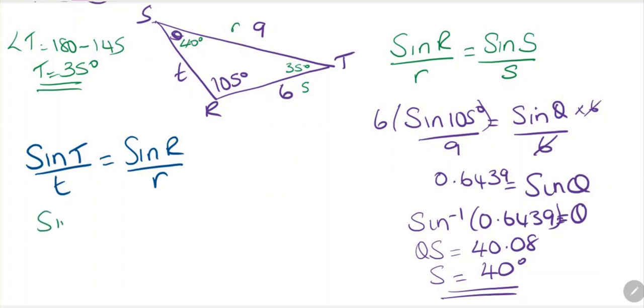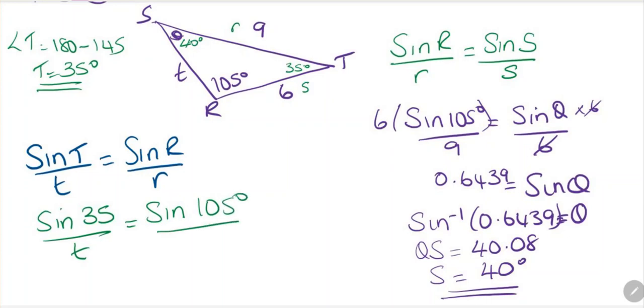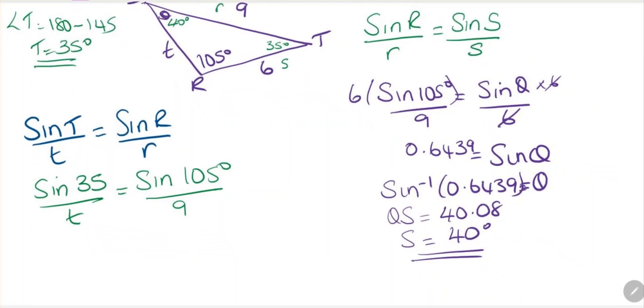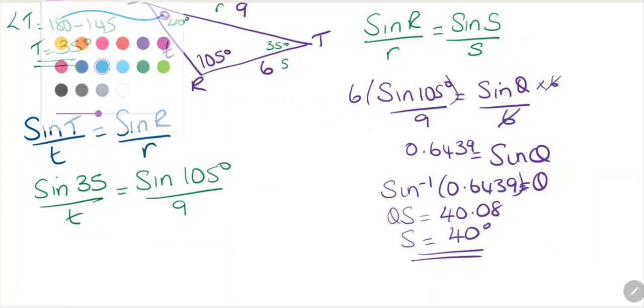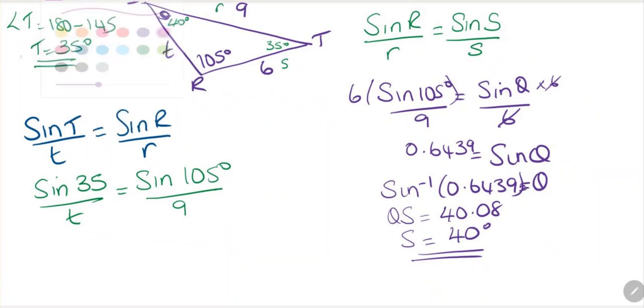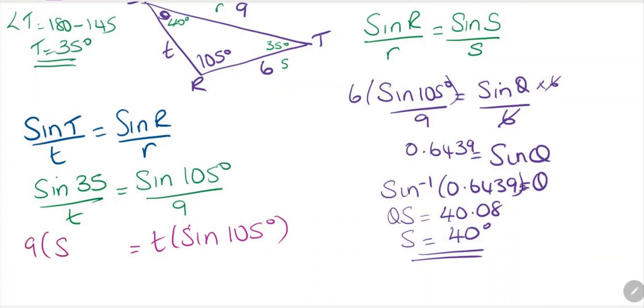So the sine of 35 degrees divided by t will be the sine of r, which is 105, divided by the side, which is 9. So now I'm going to cross multiply. So here t sine 105 is equal to 9 multiplied by sine 35.